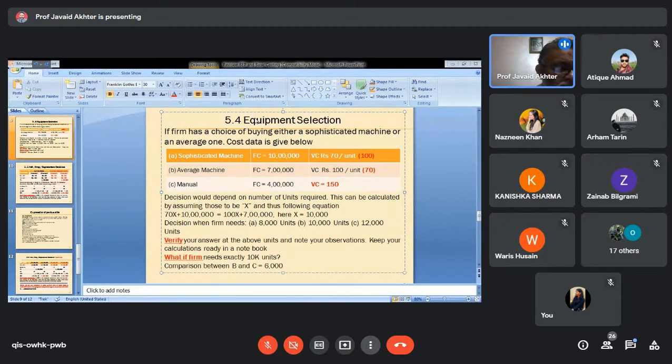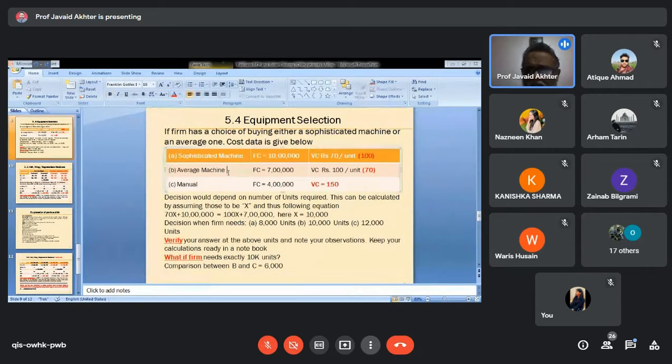These days the significant difference is not there, but earlier there used to be a significant difference between the price per liter of diesel and petrol. So in those days, buying a diesel driven car or a petrol driven car, one could make a choice. That is an example of equipment selection.